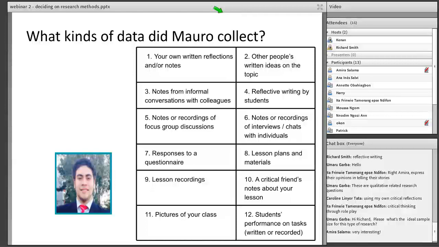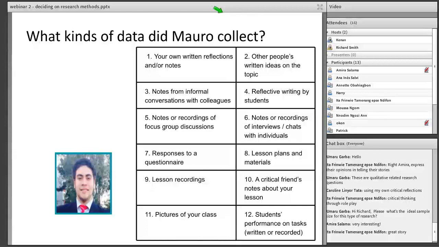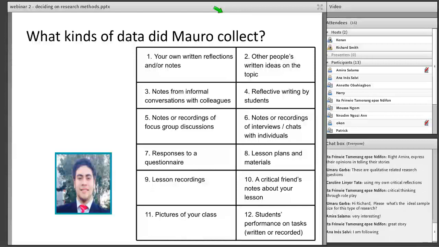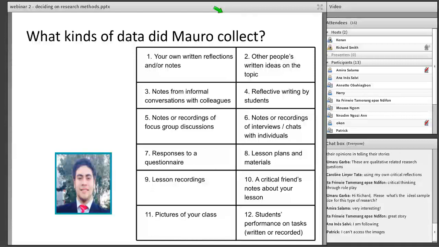Just test your memory. So I've put on the slide the different kinds of data that he collected. Just write the numbers. You don't have to write the actual data. How about number 1?